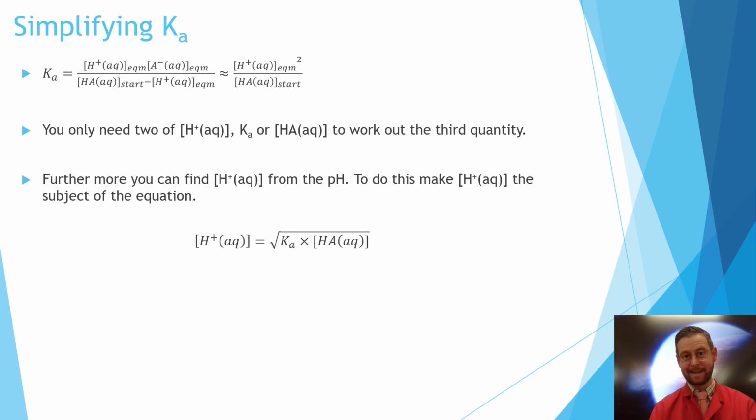So going back to our formula for the acid dissociation constant, found 2 slides ago, we can actually substitute in those approximations. So on the top line, look at the numerator. The concentration of the H plus ion in equilibrium multiplied by the concentration of the A minus ion in equilibrium. Now what we've said is that these are equal to the same.